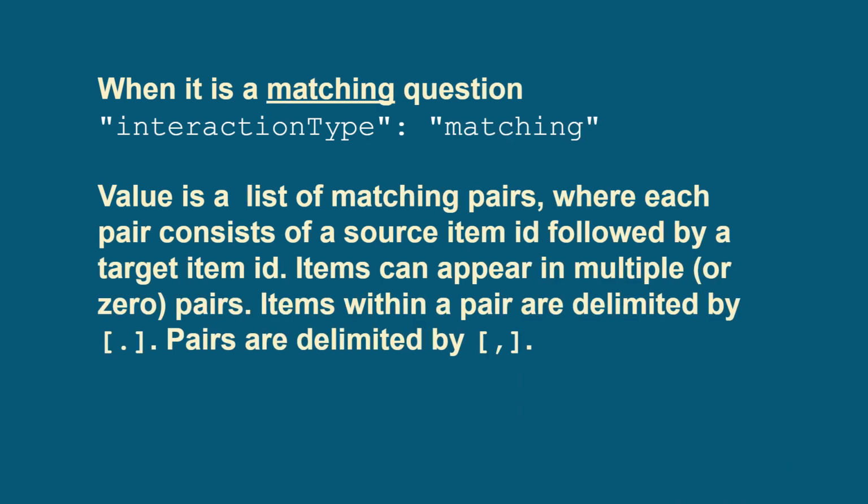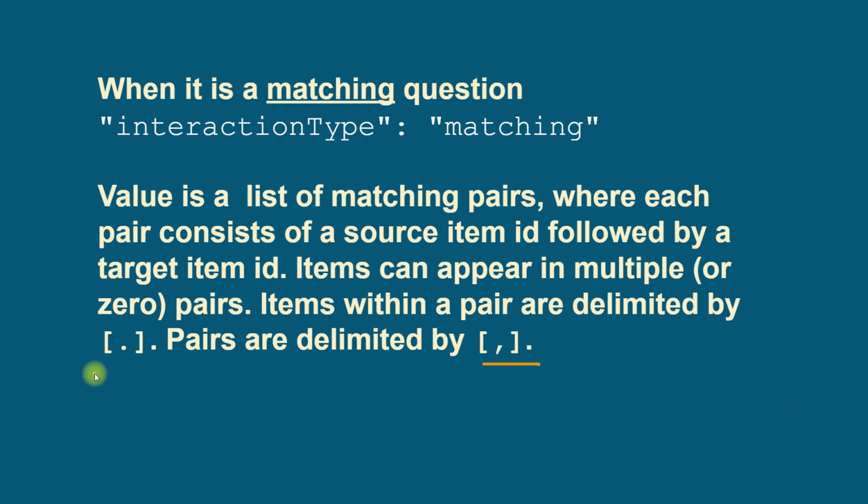Matching. This is where we have pairs of things that are matched together, kind of a source and a target. Our format is a list of these pairs. What thing matches to what other thing, and those pairs are delimited via the delimiter character we've used before.